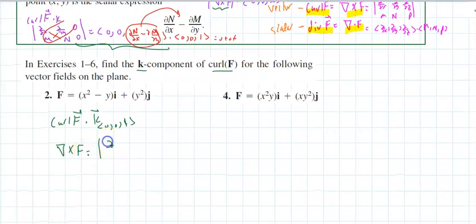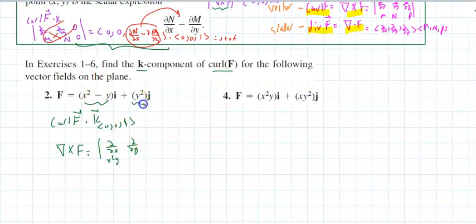And that is the partial with respect to x, the partial with respect to y. And wouldn't that be the M? And that would be the N. And that would be simply the partial with respect to x, that's a 0, minus the partial with respect to y, that would be x squared, which is simply negative x squared. And that works out identically.